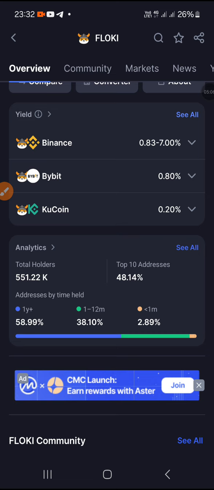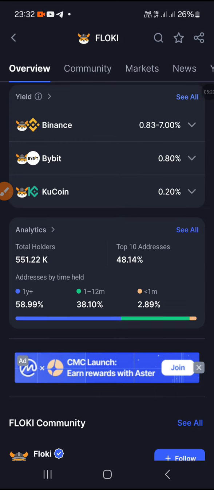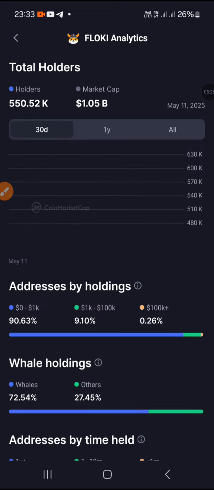The people that have been holding this coin for over 1 year is over 58%. From 1 to 12 months is over 38%, and less than 1 month is 2.9%.